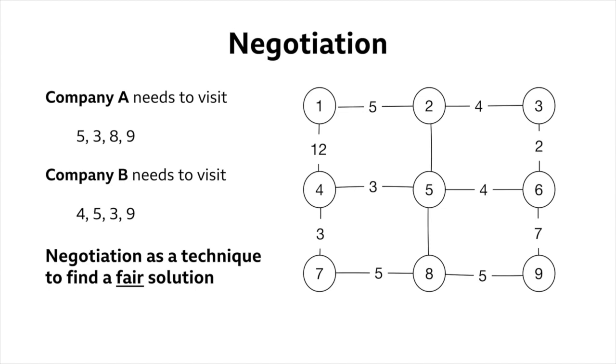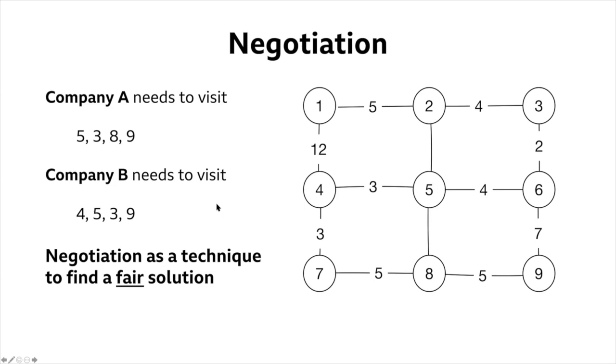And what we're after is, if you imagine company A as being a software agent and company B as being a software agent, what we want is protocols and algorithms which will allow these two agents to reach an agreement on who services which locations, but we want to come out with a solution which in some sense is fair.